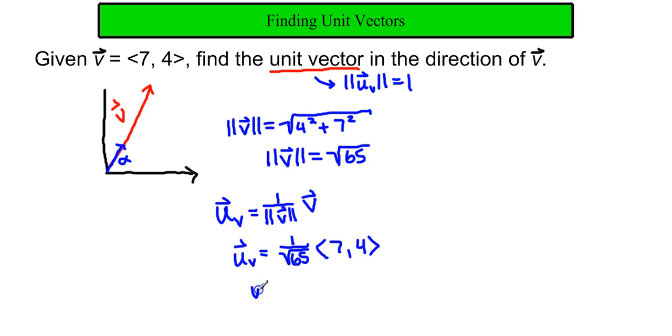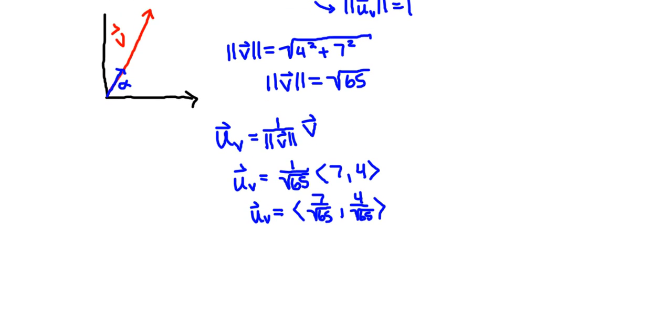So simplifying this, we've got the unit vector in the same direction as v. Again, we've got scalar multiplication here, so we just quote unquote distribute that to each one of these components. The unit vector in the same direction as v is going to look like this: each one of those components of v multiplied by 1 over the magnitude.